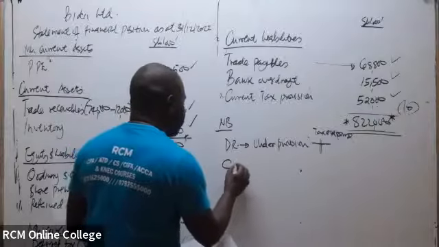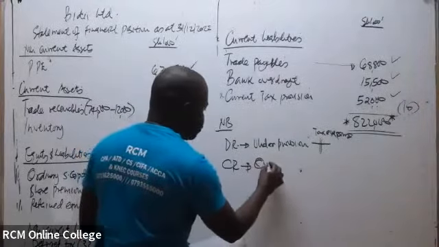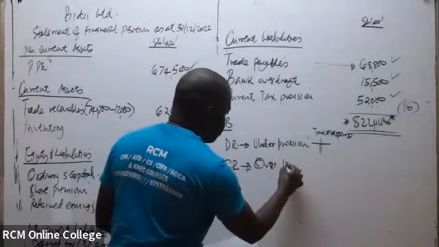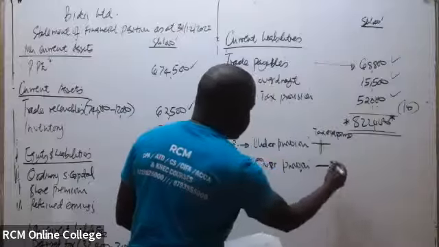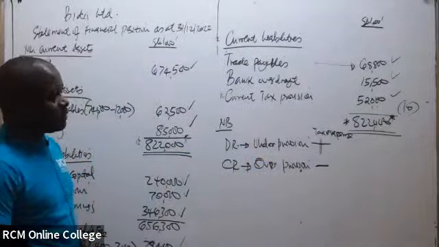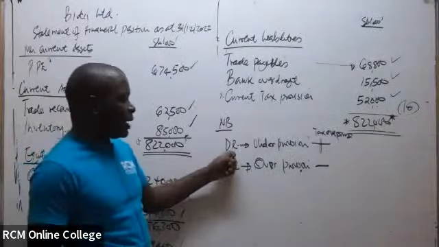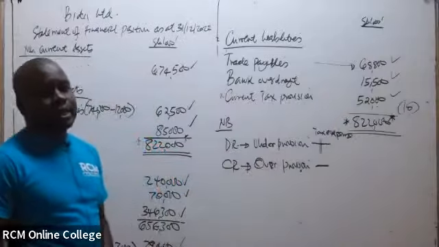If it happens, you've actually been given on the credit side, it means it was what? An over provision. And therefore, in this case, you less from the tax expense. So if you've been given a current tax figure on the debit side of the trial balance, it was an under provision of current tax.